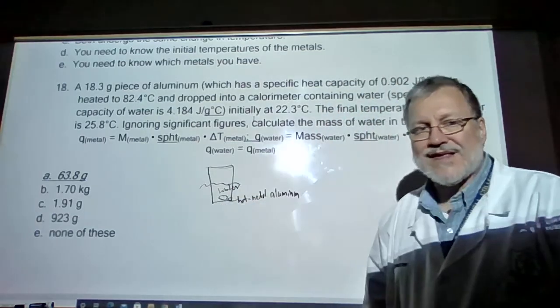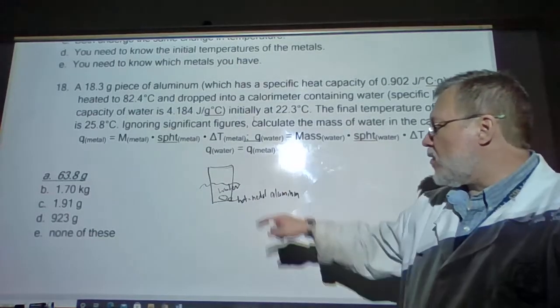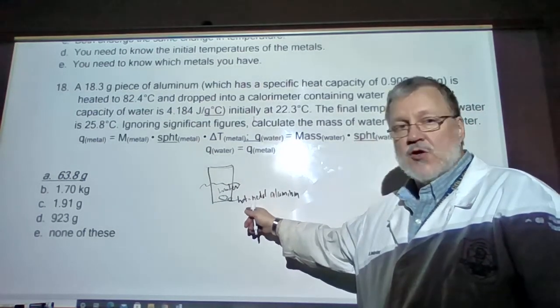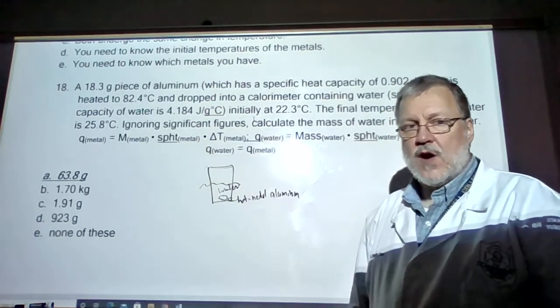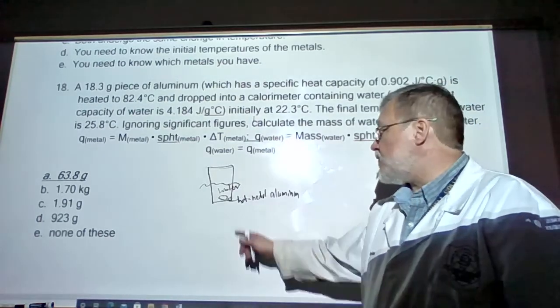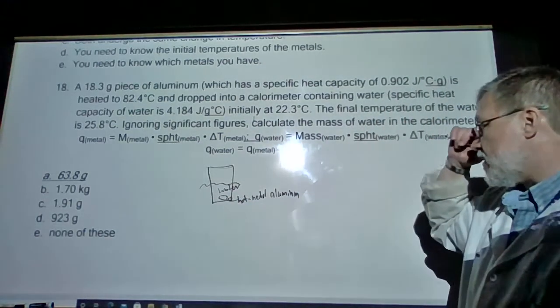Because the aluminum is at a higher temperature than the water around it, heat energy is transferred from the aluminum to the water. How much heat energy is transferred from the aluminum to the water?